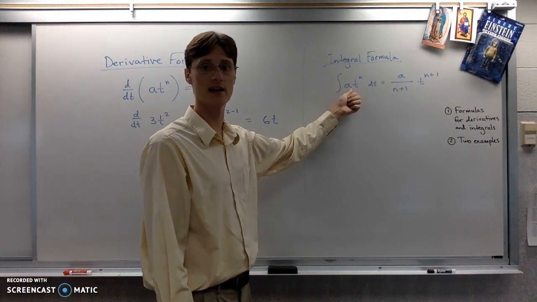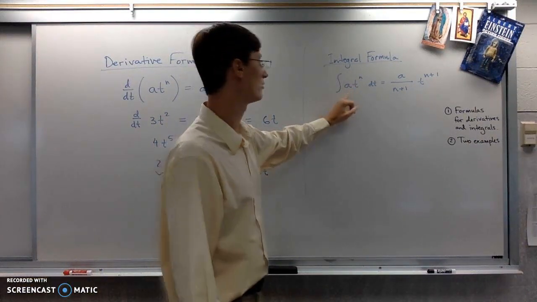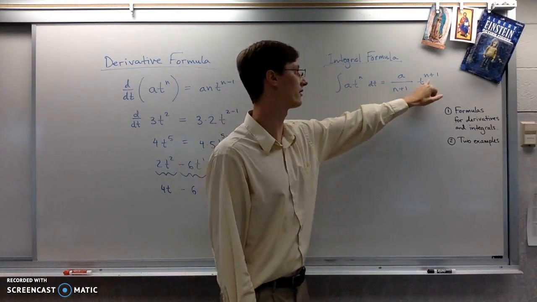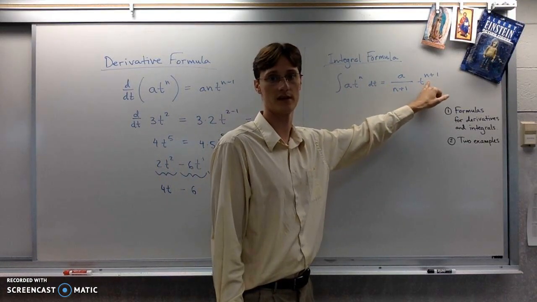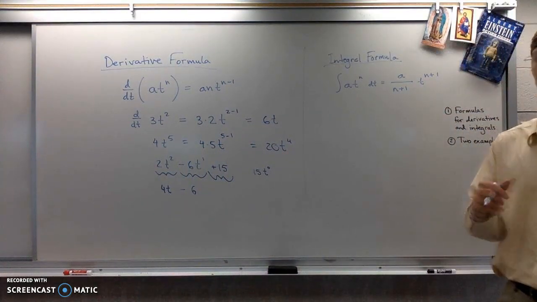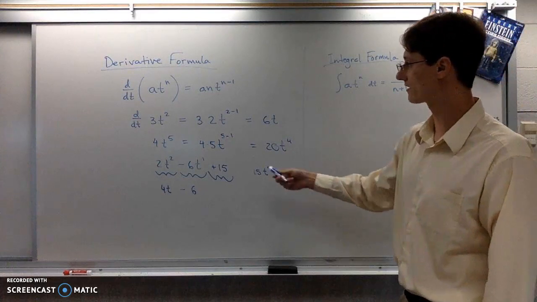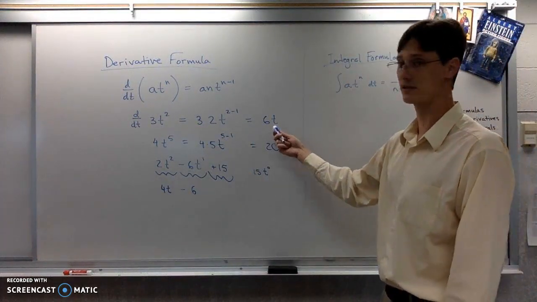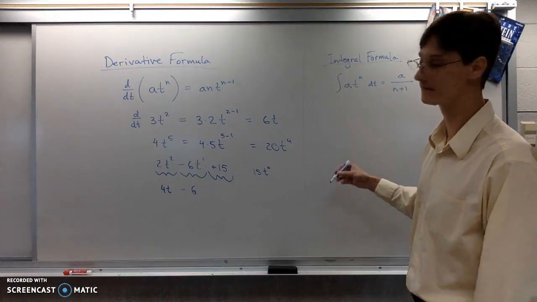When you're integrating, you do the exact opposite of that. You divide by the new exponent, and the new exponent is 1 larger than the original. Okay, so using these same examples then, if I said I want to take the integral of, actually let's do this, let's take the integral of 6t.